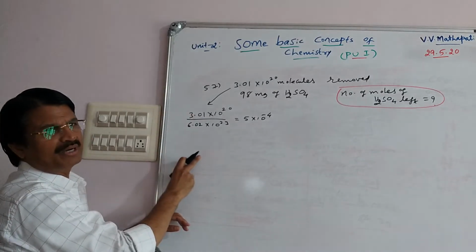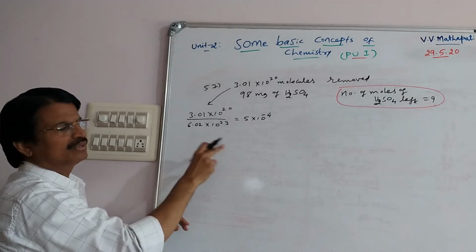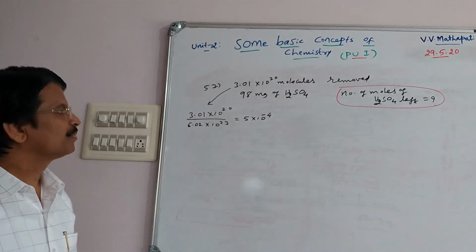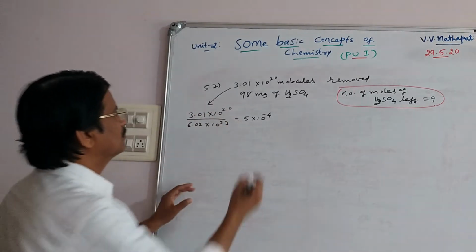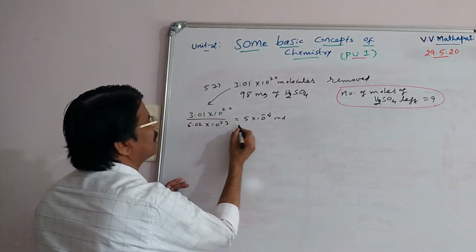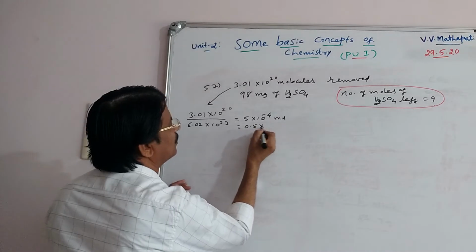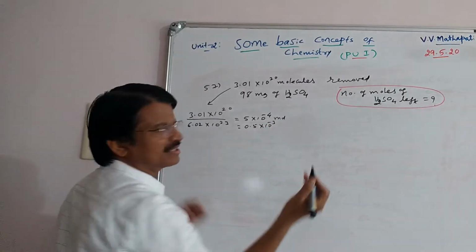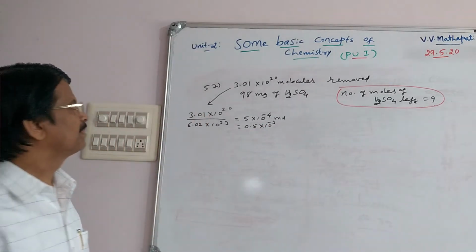Then the value of 1 by 2 is 0.5, so 5 into 10 raised to minus 4. Right, this is the mole; I converted into mole. Or we can write 0.5 into 10 to the power minus 3. Both are the same.